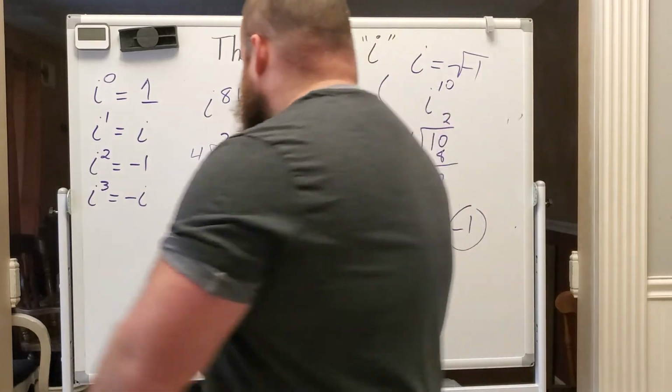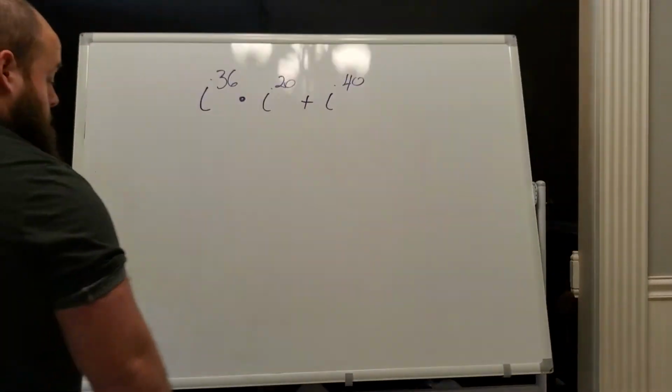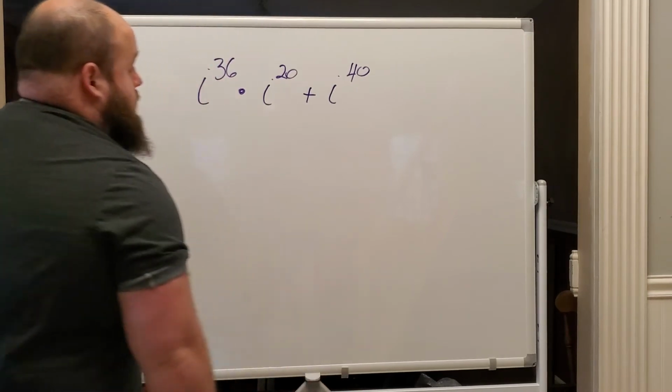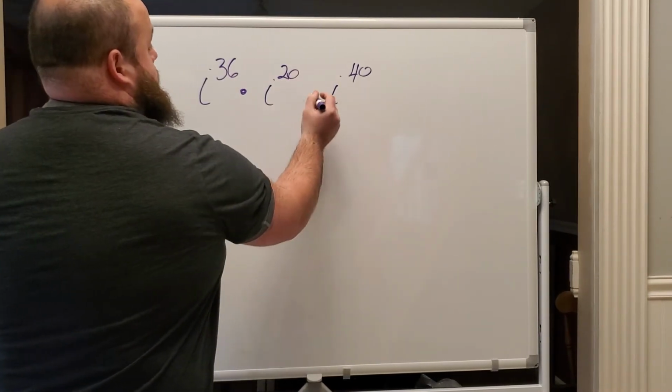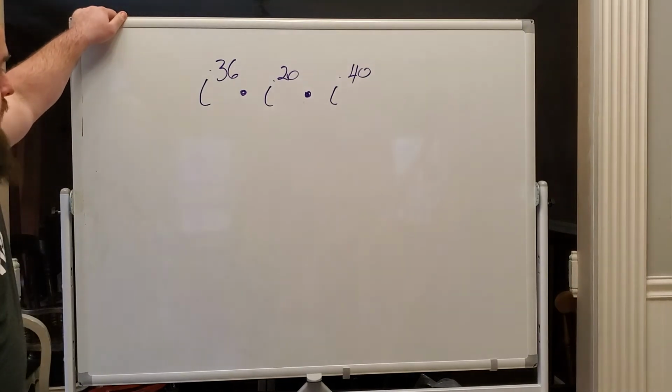Now, one more thing I'd like to discuss before I leave you be is what if you get a question like this: i to the 36 times i to the 20th times i to the 40th.